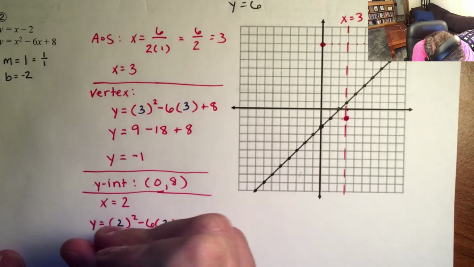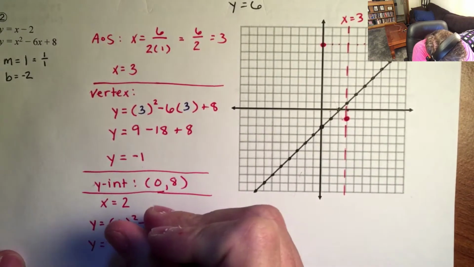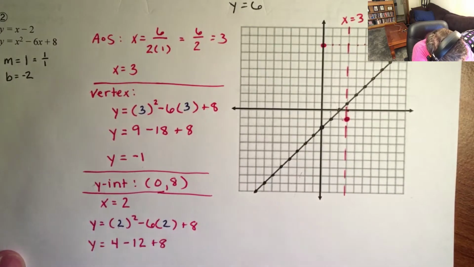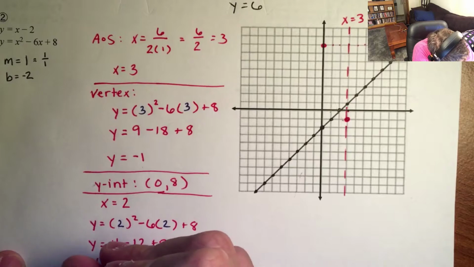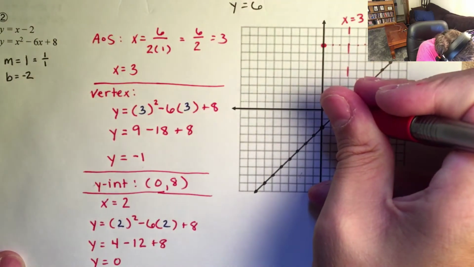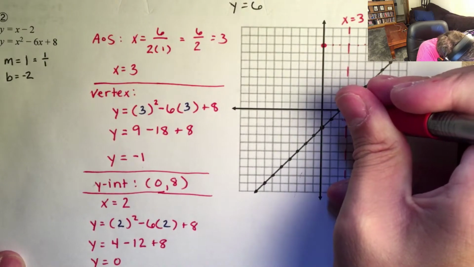So y is equal to 2 squared is 4. Negative 6 times 2 is negative 12. And then 8. Okay, so 4 and 8 add to 12. Negative 12 and positive 12 are going to cancel out to 0. So now I have the ordered pair 2, comma 0, which is right here. So there's our first intersection point.